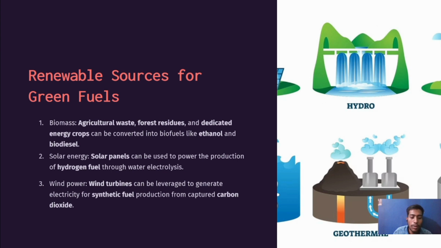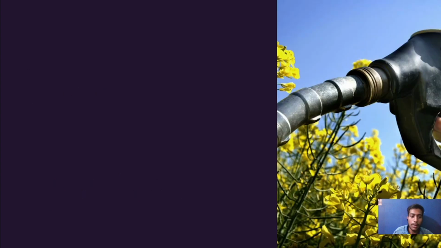So mainly, solar panels are used to power the production of hydrogen fuel through the process called water electrolysis. Next is wind power. Wind turbines can be leveraged to generate electricity for synthetic fuel production from captured carbon dioxide.